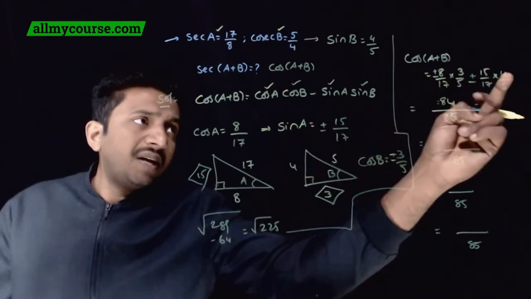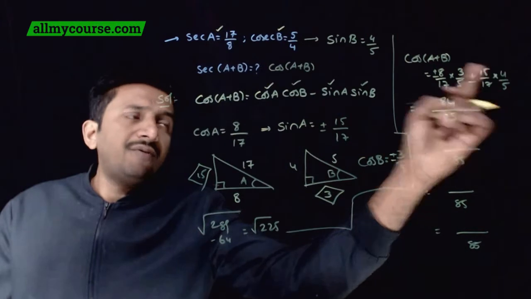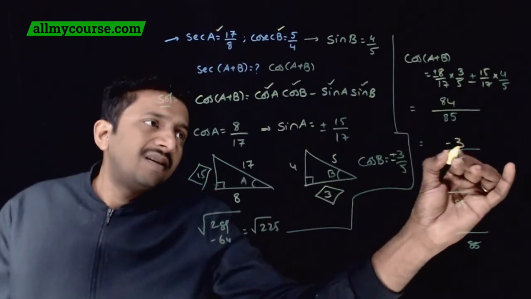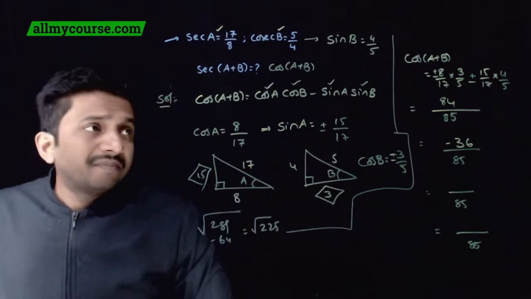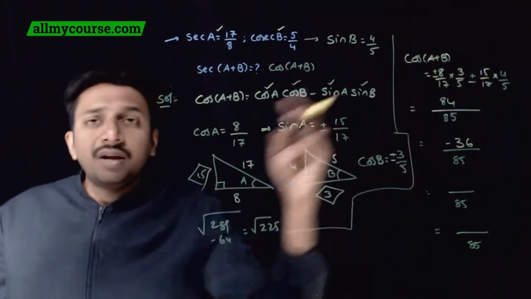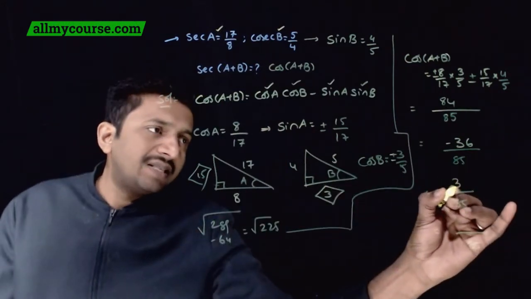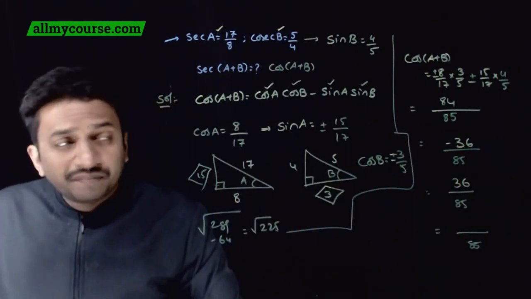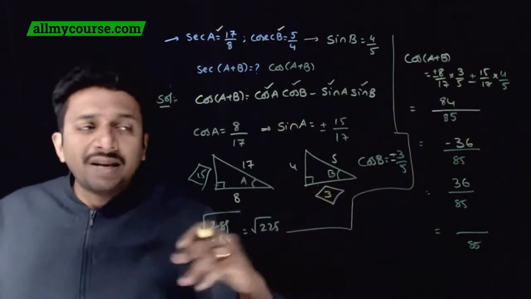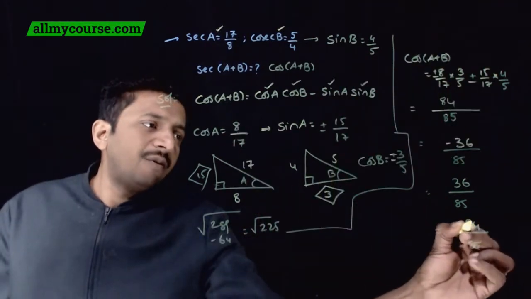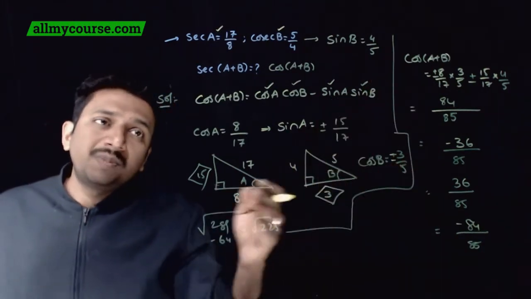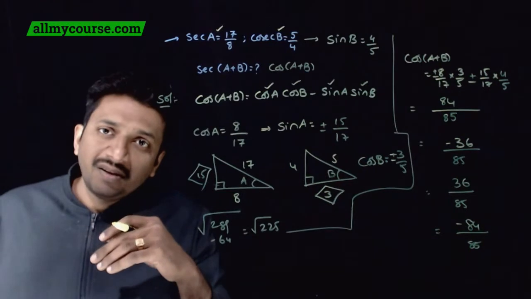If you take positive here and negative here, plus 24 minus 60, it is minus 36 by 85, is also okay. If you take minus here and plus here, minus 24 plus 60 is plus 36 out of 85, which is also okay. And finally, if you take both as negative, minus 24 minus 60, minus 84 by 85 is also okay. So these are 4 possible values of cos of A plus B.